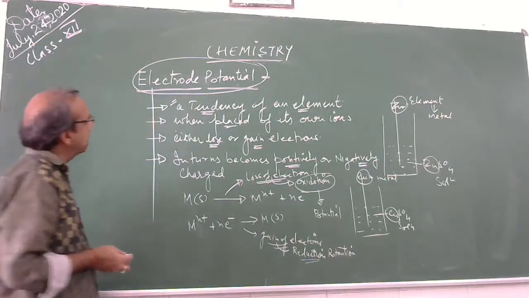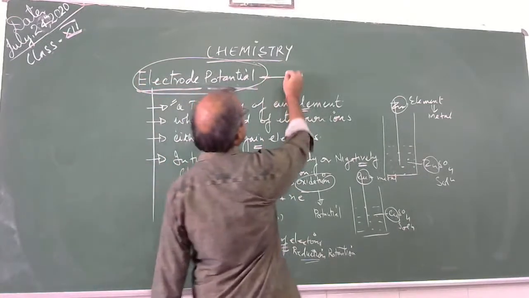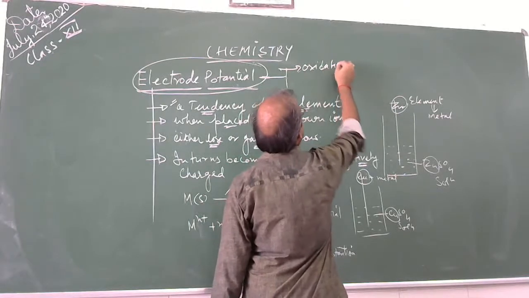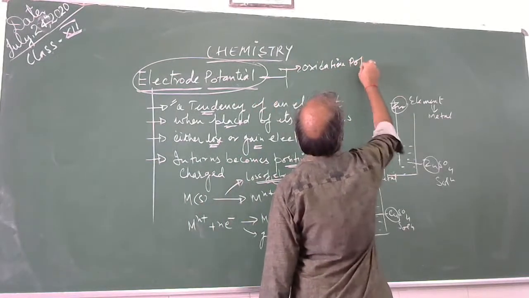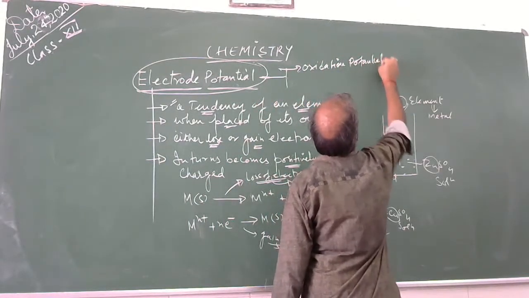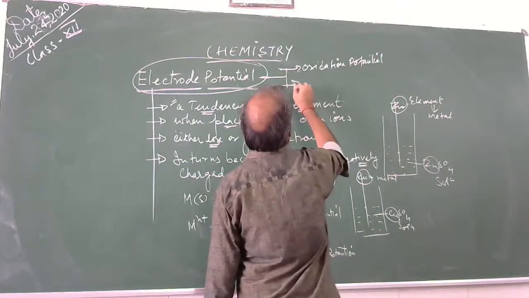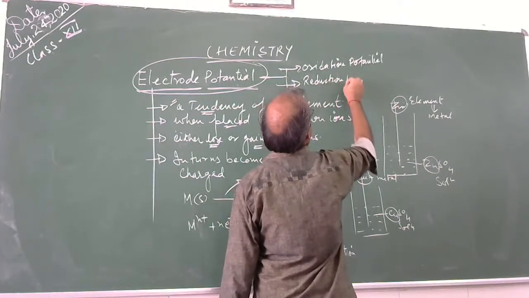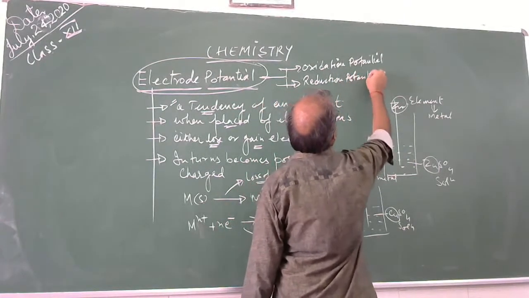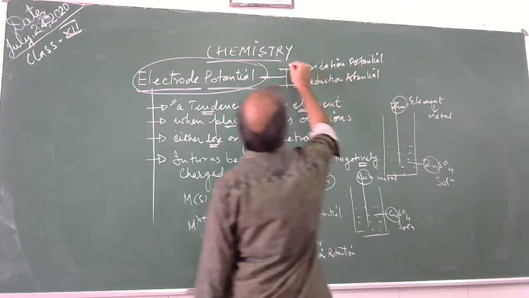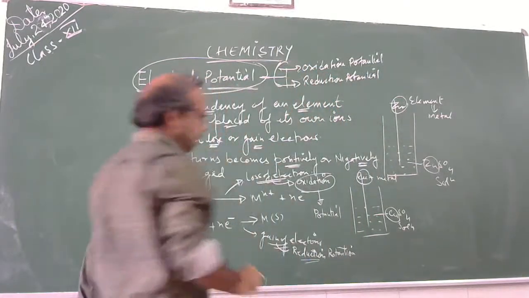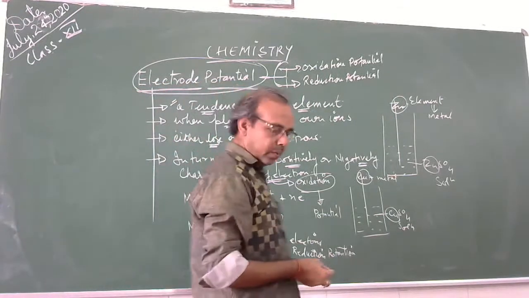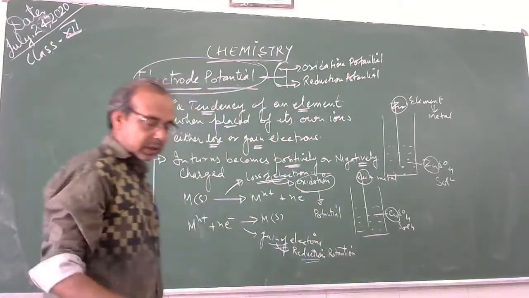So electrode potential is of two kinds: one is oxidation potential, and another is reduction potential. Together, both are called electrode potential.